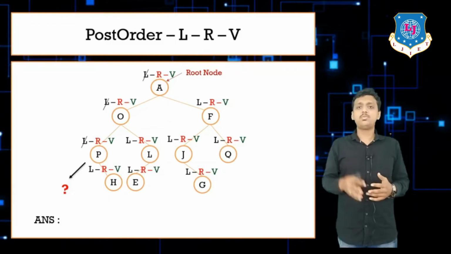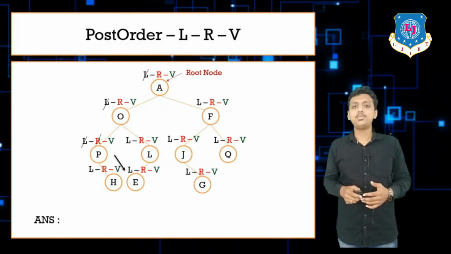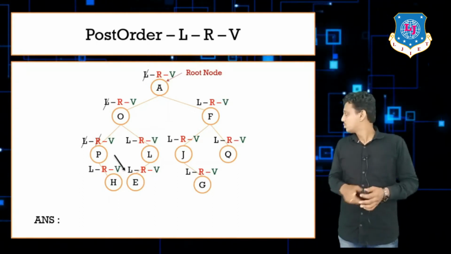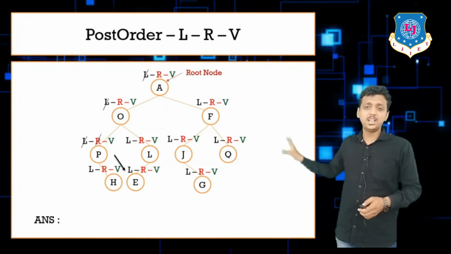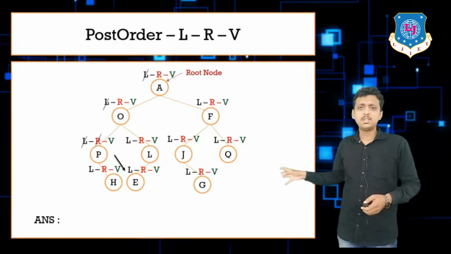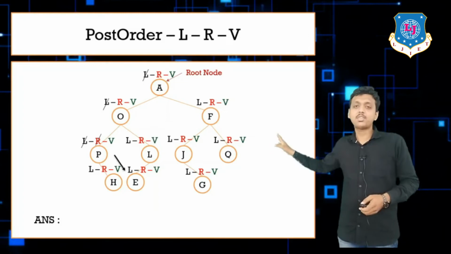So we just need to stop over there and take the next operation for P. I cut down the R and move towards the right side of P, and we found H. On the right side of P we found H. Students, make sure that if you find the figure a little bit clumsy, with H and E near each other, P has only H on its right side.